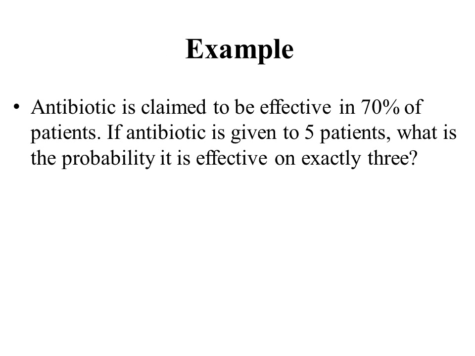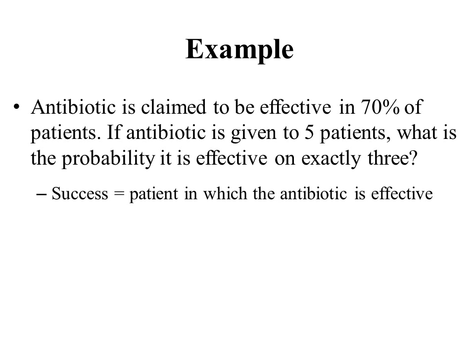So let's look at another example of calculating binomial probabilities. An antibiotic is claimed to be effective in 70% of patients. If the antibiotic is given to 5 patients, what is the probability it is effective on exactly 3? Well, let's call a success a patient in which the antibiotic is effective.